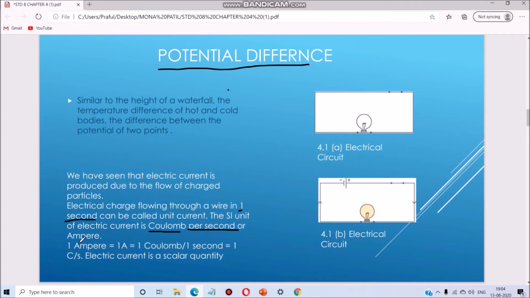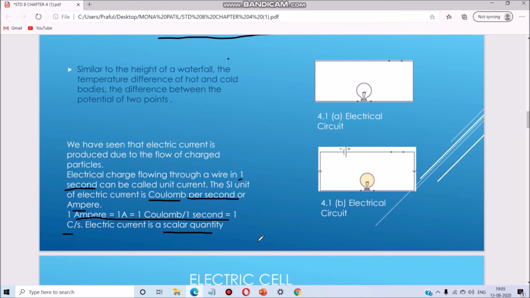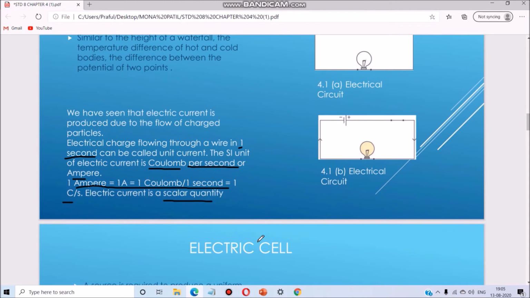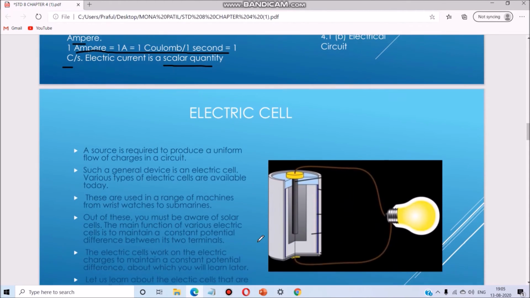Here 1 ampere, 1 A, is equal to 1 coulomb per second. In 1 second how much current flows, that is the unit. Electric current is a scalar quantity because it doesn't have a particular direction.